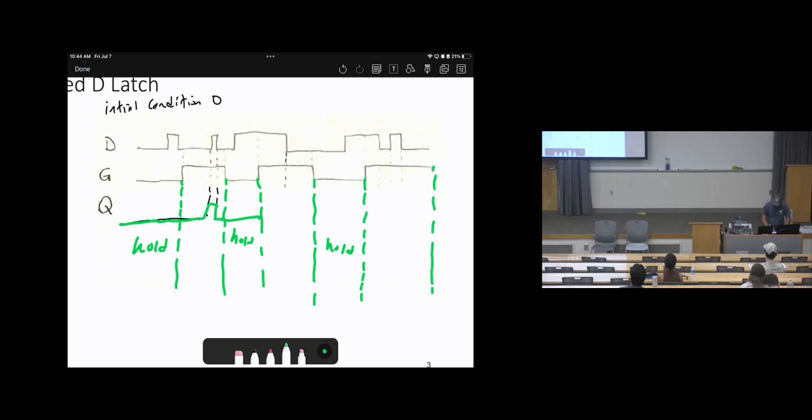The other one, D, D, D: copy what's happening with D. So here we will copy what's happening with D. Then hold. Then we will copy what's happening with D. And that's it. Okay?